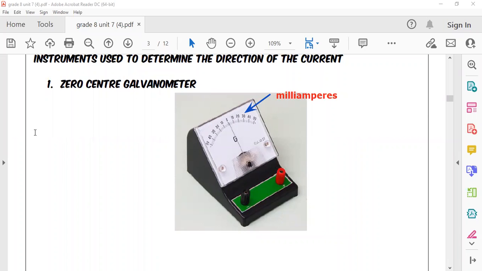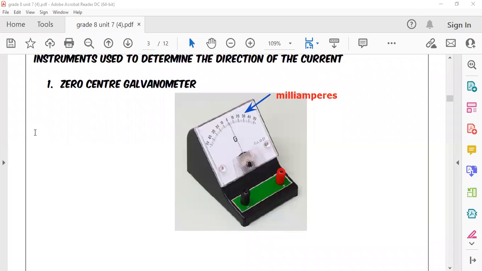Only a small amount of current can be measured using a galvanometer. If you want to measure a bigger amount of current, then you have to choose a zero center ammeter. Clear?